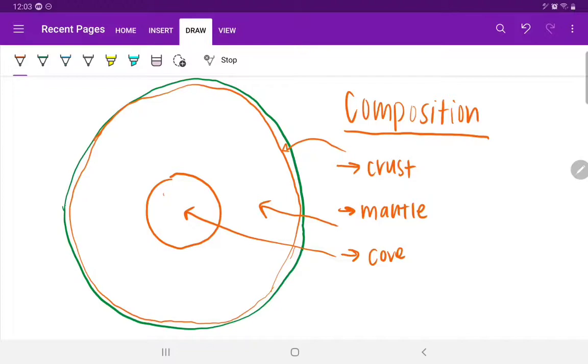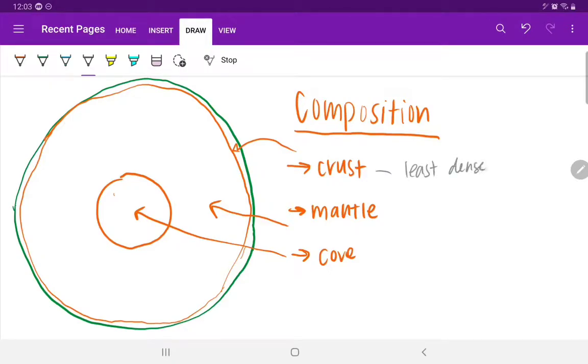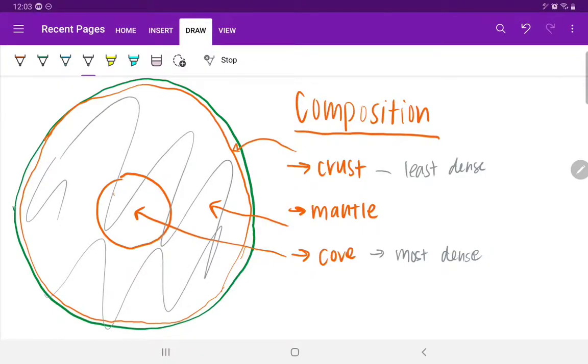So when we take a look at the density, we can see that the crust is least dense and the core is most dense, which happened due to the stratification that occurred when all of this was molten.